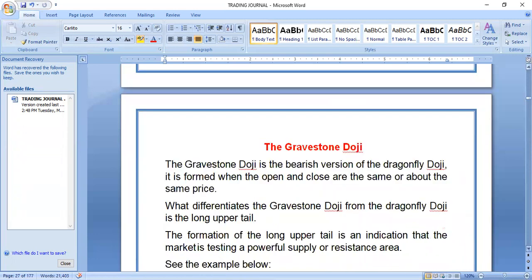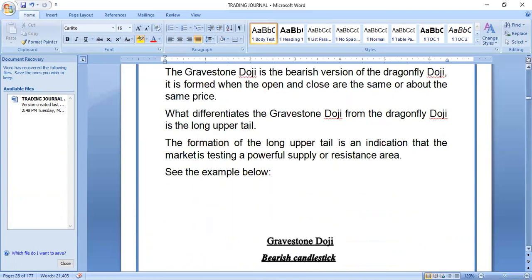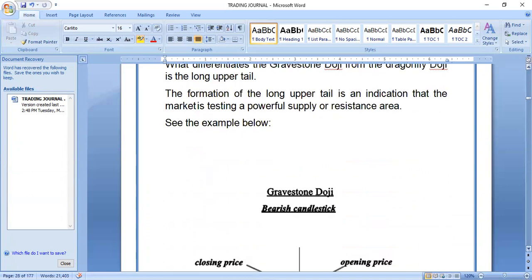That's what the gravestone means: buyers are in control, then sellers pose a lot of pressure at that particular point, giving room for sellers. The formation of a longer upper tail is an indication that the market is testing a powerful supply.